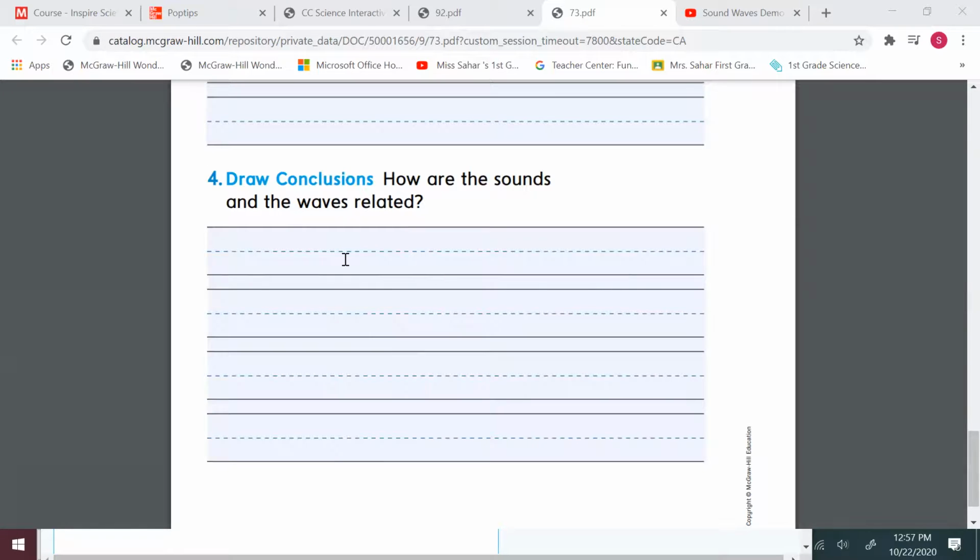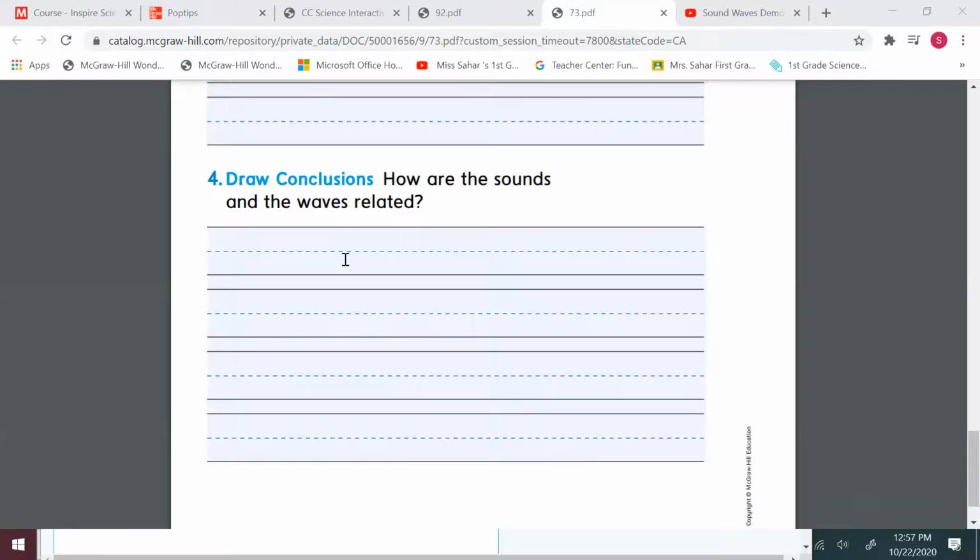Now draw a conclusion. Draw a conclusion means say, okay, what did I understand, or the main idea now that I say, what did I learn from what I did? So draw the conclusion. How are the sounds and the waves related? So now I have to find out links or connection that, okay, now I know this experiment, I learned what's the relation between the sounds and the waves.